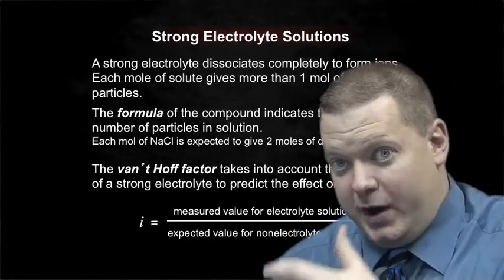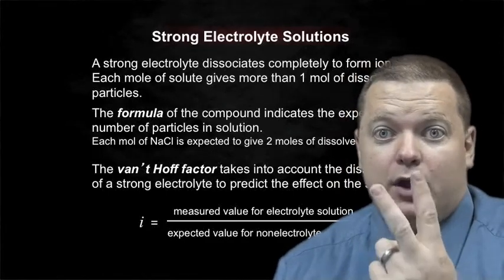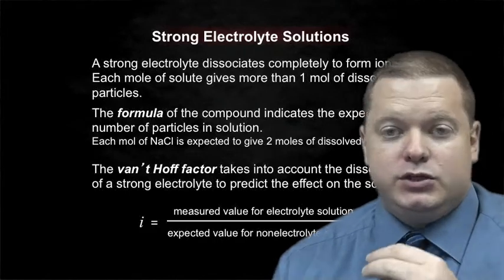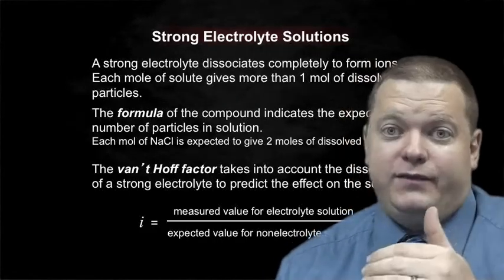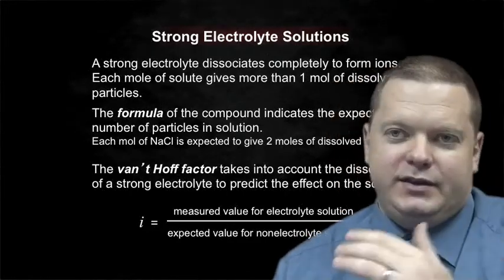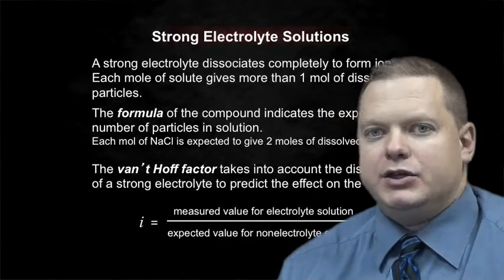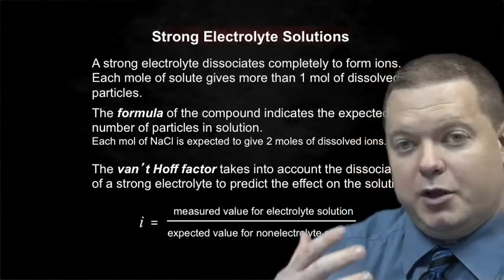For example, go back to our sodium chloride. When sodium chloride dissolves in water, we're going to get 2 ions out of that. So its Van't Hoff factor, the highest value it can have, is 2. We can get deviations from that based on ionic strength, but ideally, our Van't Hoff factor for sodium chloride would be 2.